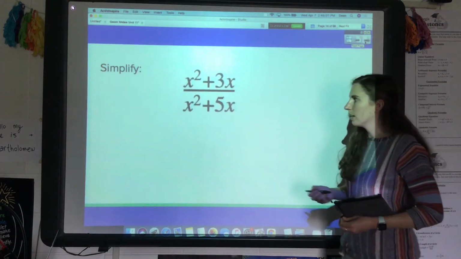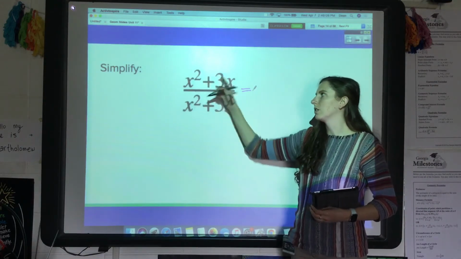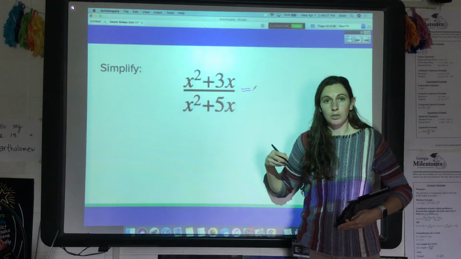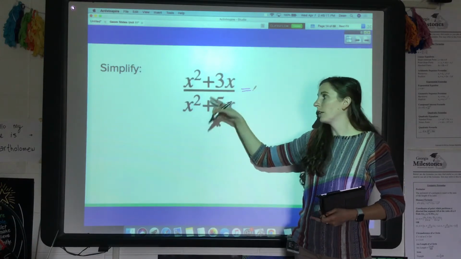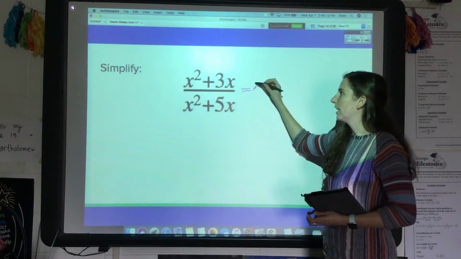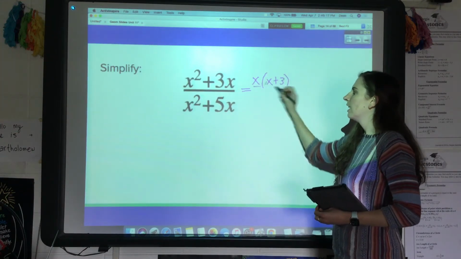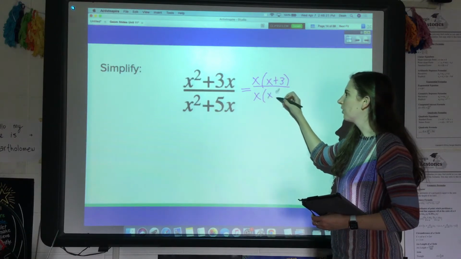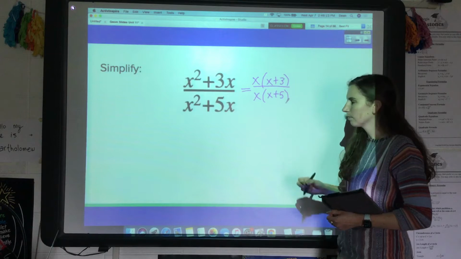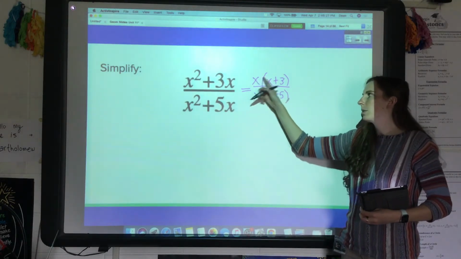All right, let's try another one. On this one, it's 2 terms, but it's not the difference of 2 squares. So if I want to factor it, the only thing I can really do is a GCF, and they do both have a GCF. This one has an x, which would leave x plus 3, and this one also has a GCF of x, which would leave x plus 5. Notice now that these x's do cancel because it's multiplication.